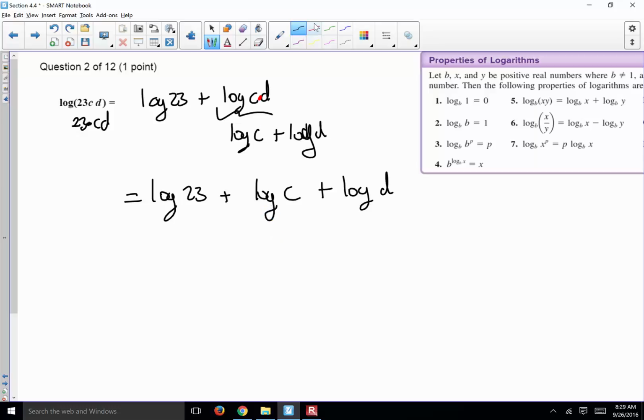Question is, can I simplify them? By the way, if you don't see any base, do you see any base of the logarithm? No. That base is 10. Okay? Do you see any cancellations, reductions here? Anything?